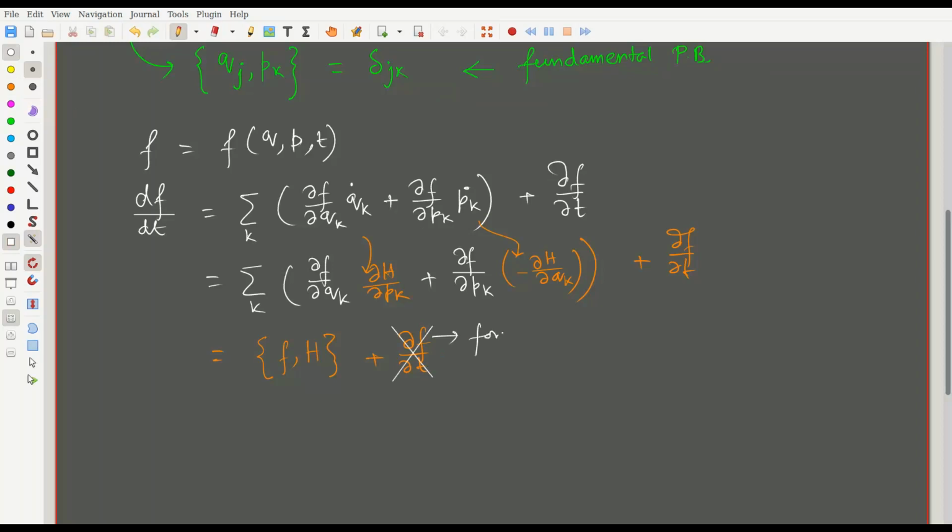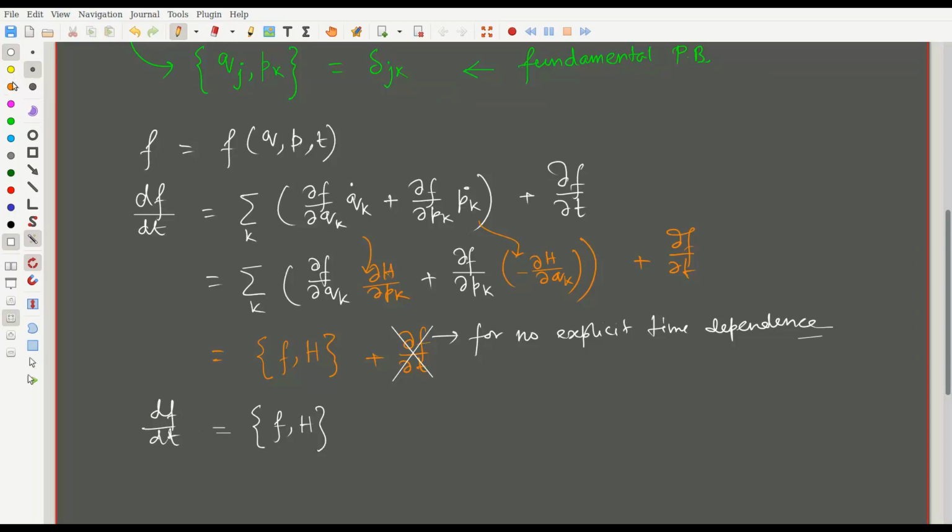Okay. Now, if F does not depend explicitly on time, then you can drop this term. So for no explicit time dependence, you basically have dF/dt equals the Poisson bracket of F with H. So notice that if the Poisson bracket between F and H vanishes, then F is a constant of motion.